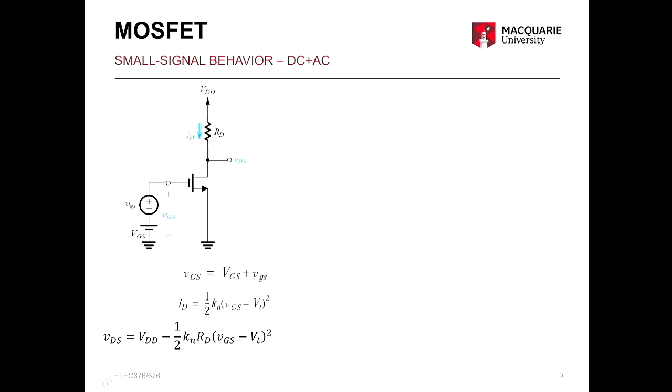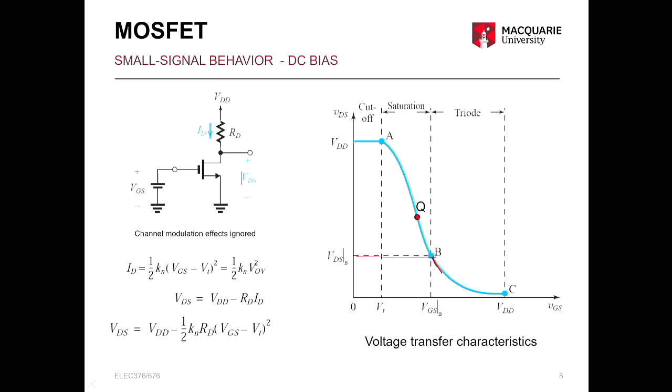All right. Now let's look at this. We saw what happens when we just look at the DC. We saw the voltage transfer characteristics. We set the Q point according to these two equations, one for ID and one for VDS. That will give us the current that flows through here, so it'll set the VDS.